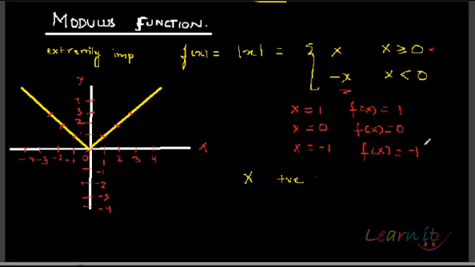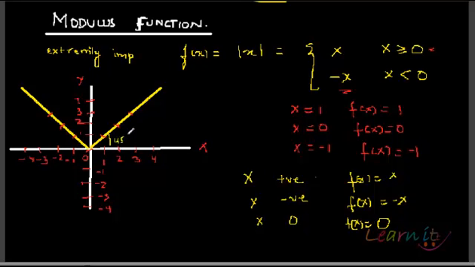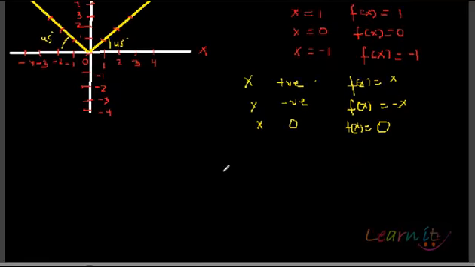It's exactly the identity function, the line y equals x, for all x's greater than or equal to 0, and it coincides with the line y equals minus x on the left hand side when x is less than 0. So it's kind of an identity function lookalike.